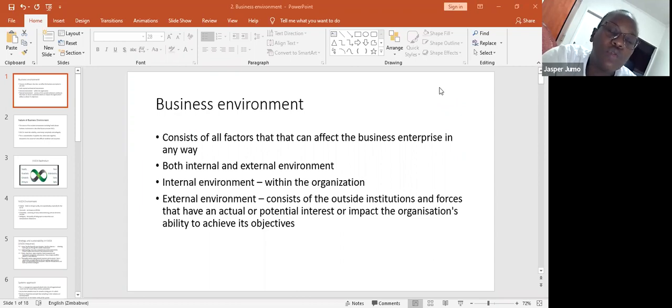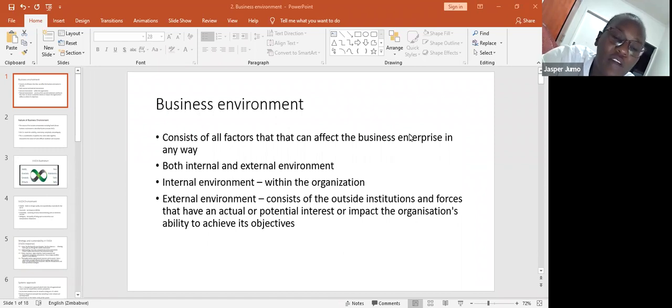So you need to know the environment. You need to know the things that can affect your business as you start running your business, or as you are in the midst of running your business. So firstly here, I just started by saying general statements about the business environment. I said a business environment can either be internal or it can be external.